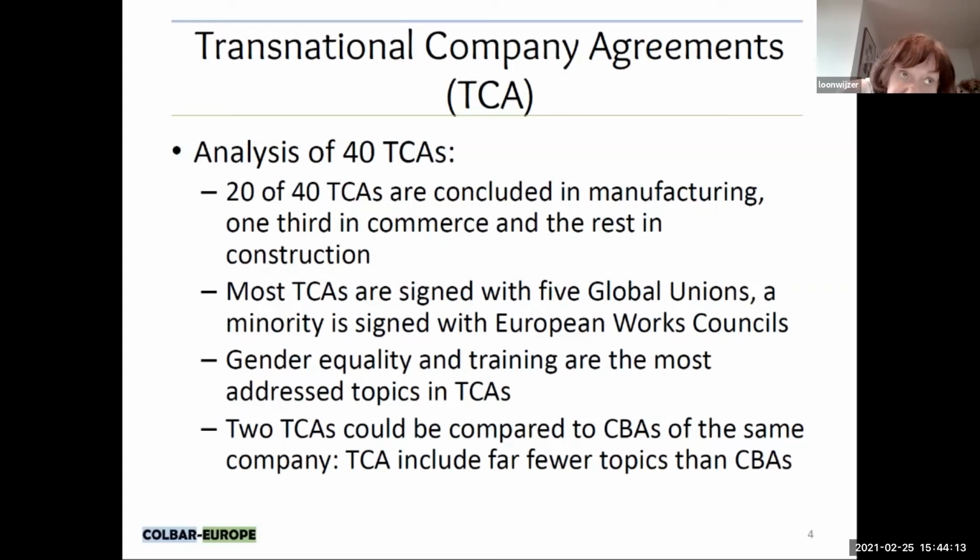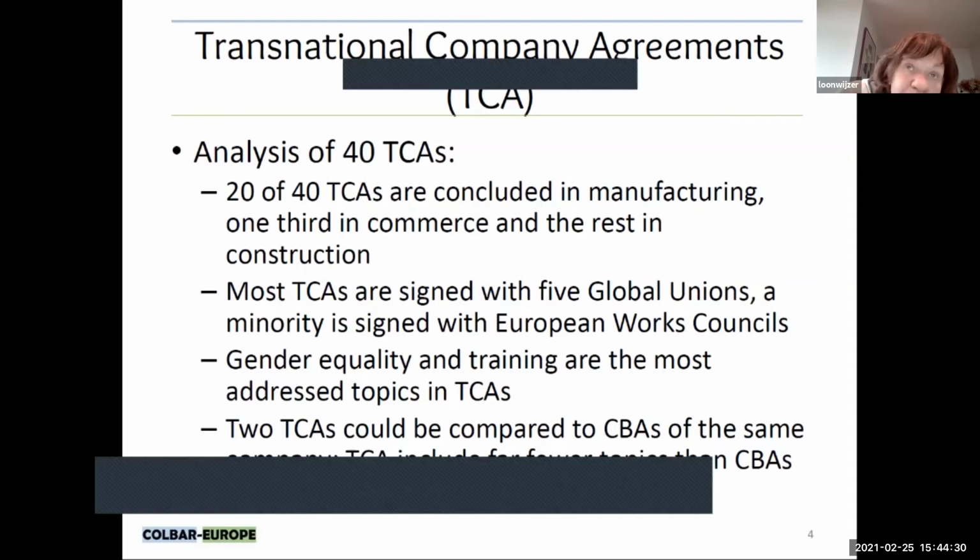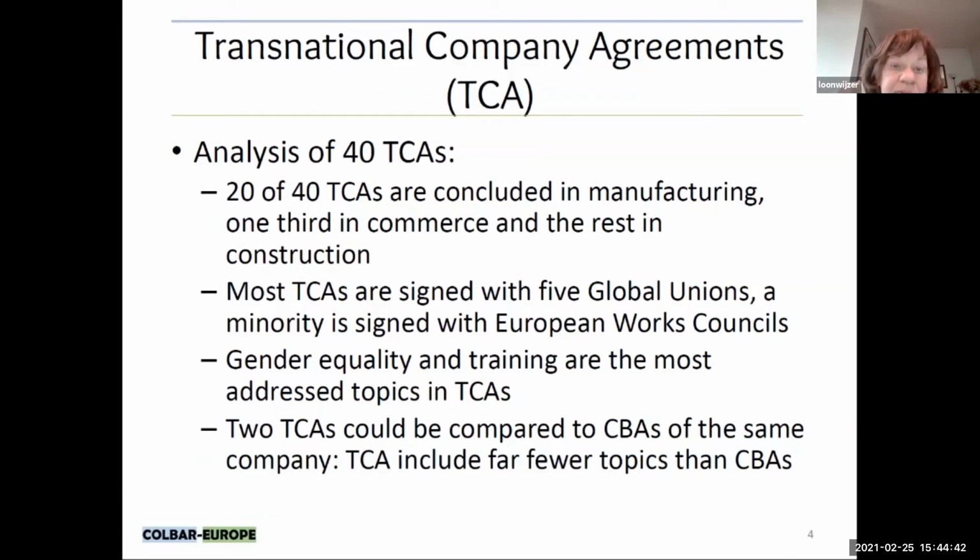Those are agreements that are concluded at the level of the European Union or at the level of at least several countries, and they are signed by the employers associations, by the companies who have establishments in several countries. 20 of the 40 are concluded in manufacturing, a third in commerce, and the rest in construction. We did not come across any transnational company agreement in the public sector.